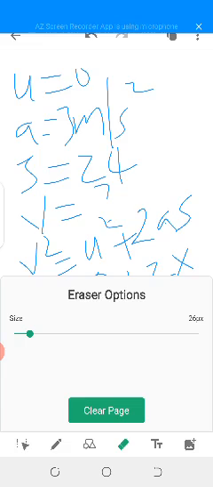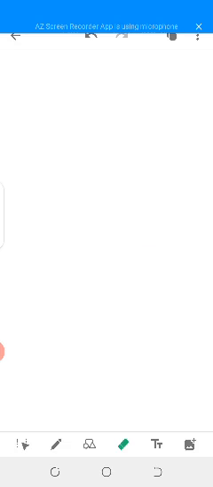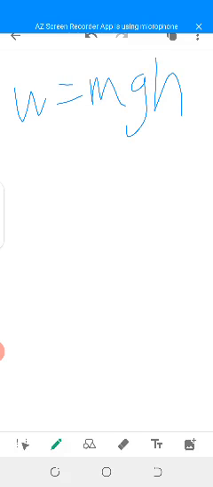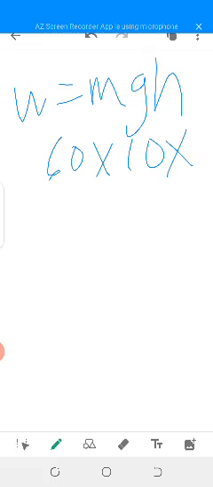Now, if you look at that question, the work done is mgh. You are given the mass, which is 60, the gravitational acceleration, which is 10, and the height to be 5.